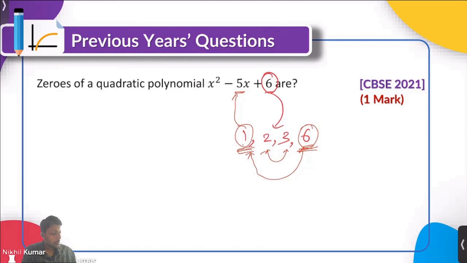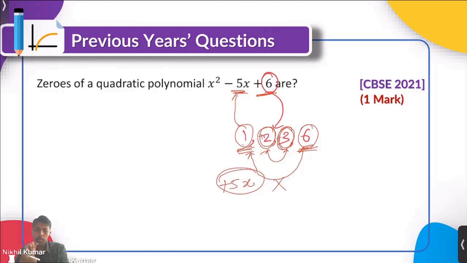That does give me plus 6 as the product. But if you add 6 and 1, you get 7. You don't get 5. Whereas if you choose plus 2 and plus 3, the product you get as plus 6. The sum you get as plus 5. So plus 2 and plus 3 are not going to work here.